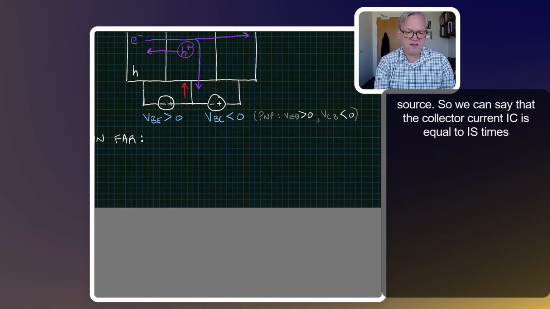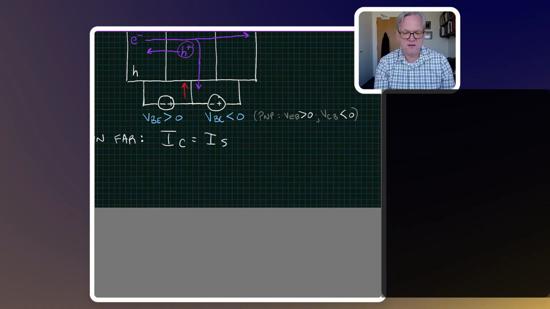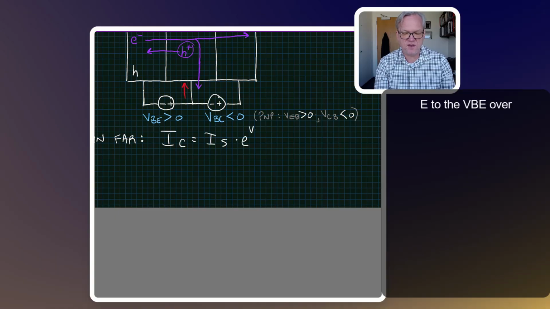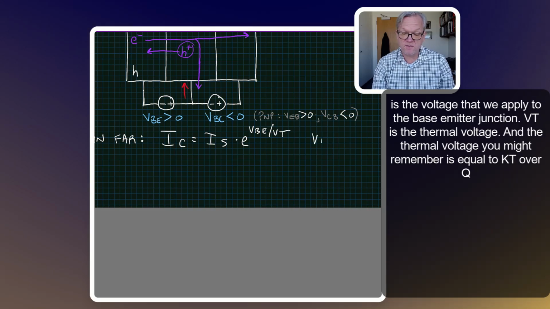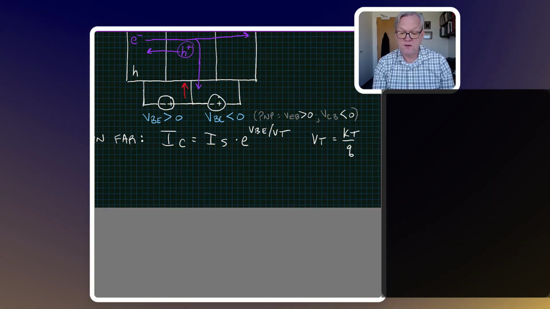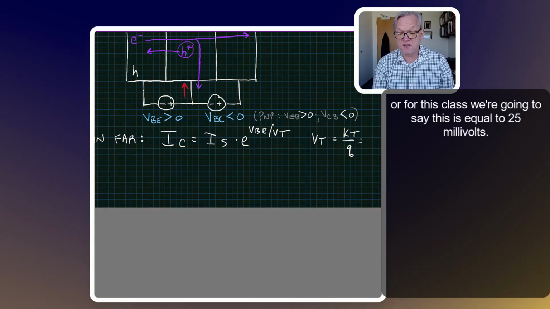So we can say that the collector current, IC, is equal to IS times e to the VBE over VT, where VBE is the voltage that we apply to the base emitter junction. VT is the thermal voltage, and the thermal voltage, you might remember, is equal to kT over q. Or for this class, we're going to say that this is equal to 25 millivolts.